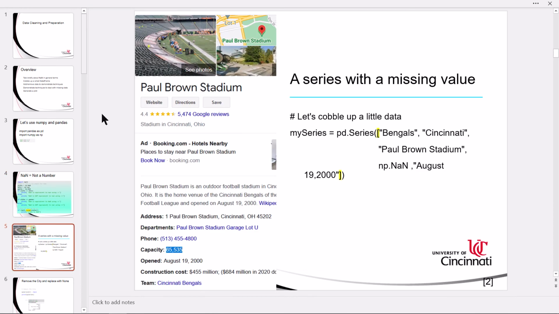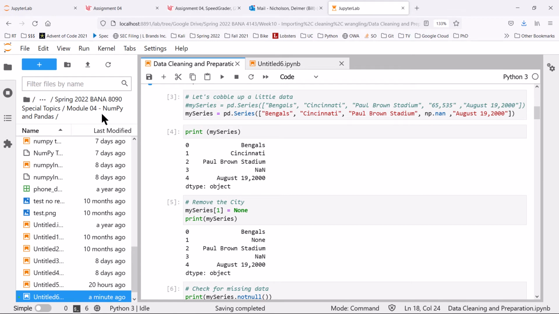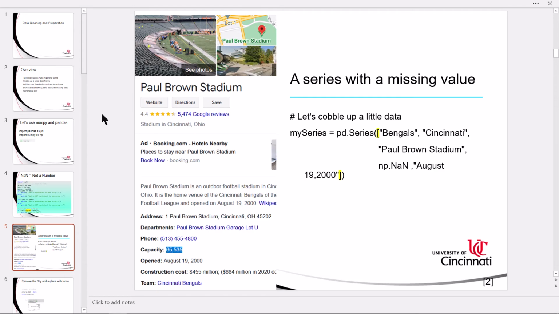This is slide 5, and I'm creating my series, and I'm building in an NaN on purpose. Now the data comes from Google. Google knows everything about everything. If you type in the name of a stadium, it gives you some statistics about that stadium, and I just adapted that to be my data.